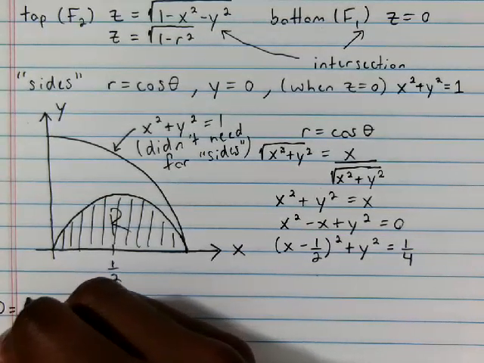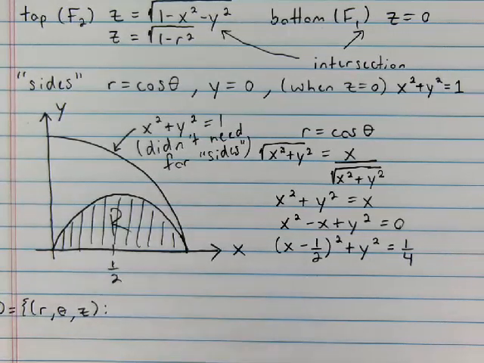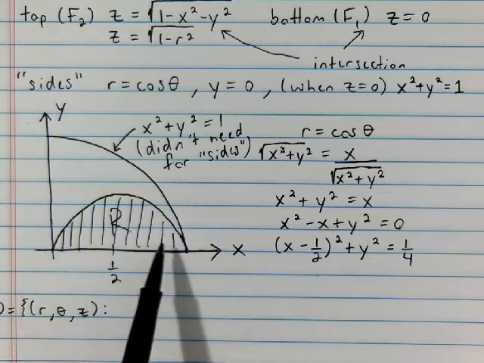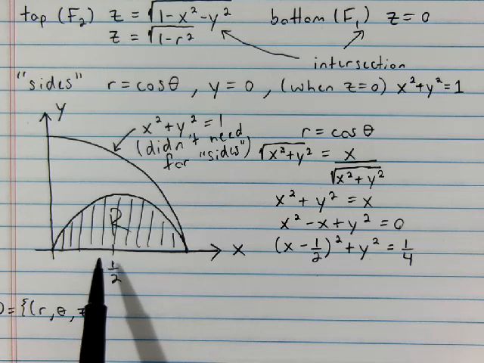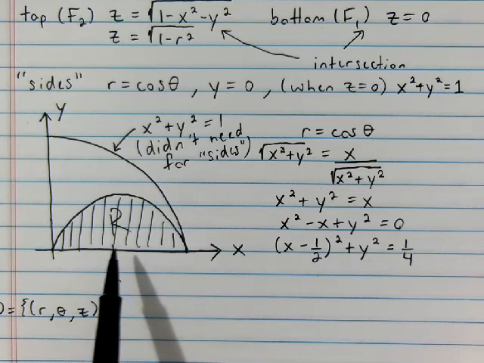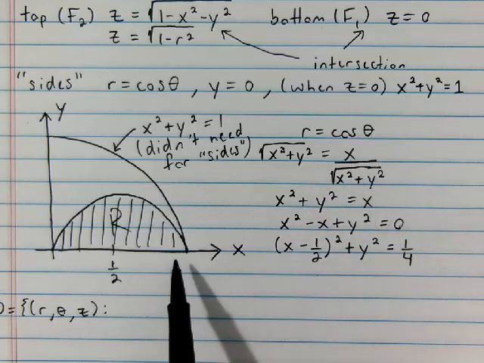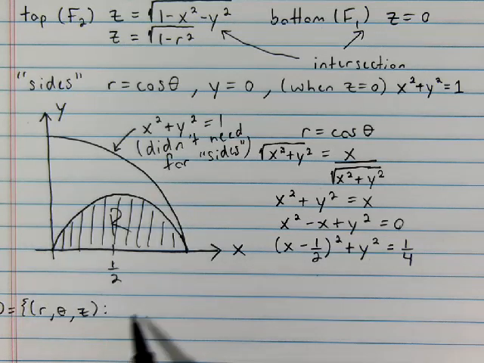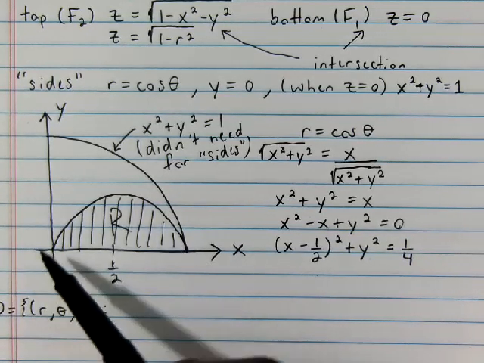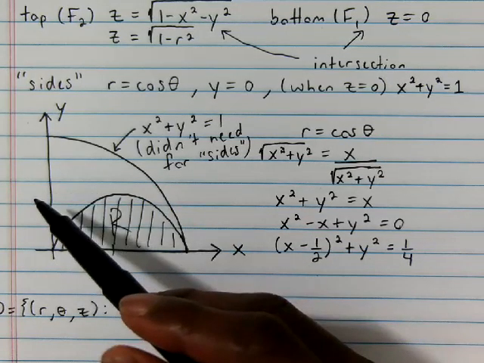D equals the set of points (r, theta, z) such that, we've seen this a couple of times, what does r vary between, what does theta vary between? We're going to do theta first. So r equals cosine theta. Our theta here is going to vary between, if we had the full circle, the negative y-axis, so negative pi over 2 and pi over 2.